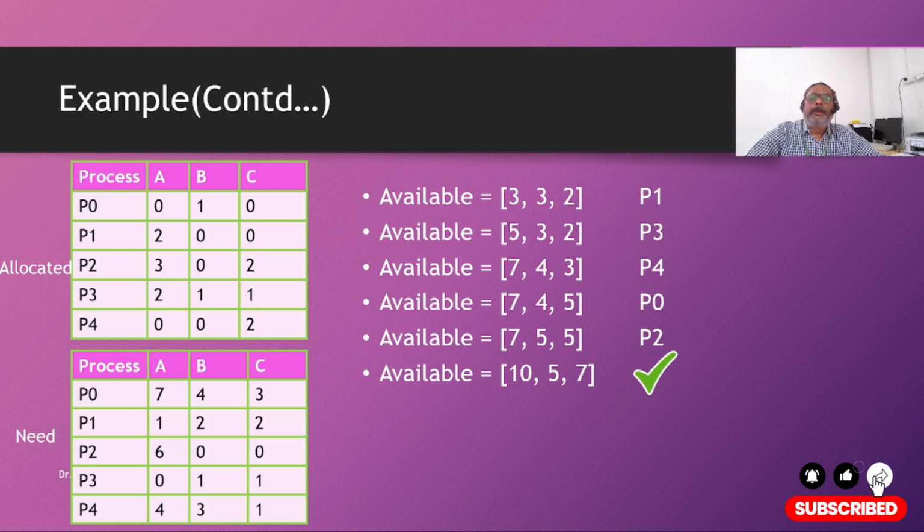There are many sequences in which it can be solved, and hence we find that this is a safe state, and therefore the resource request can be allocated. We can say yes to the request from the processes.